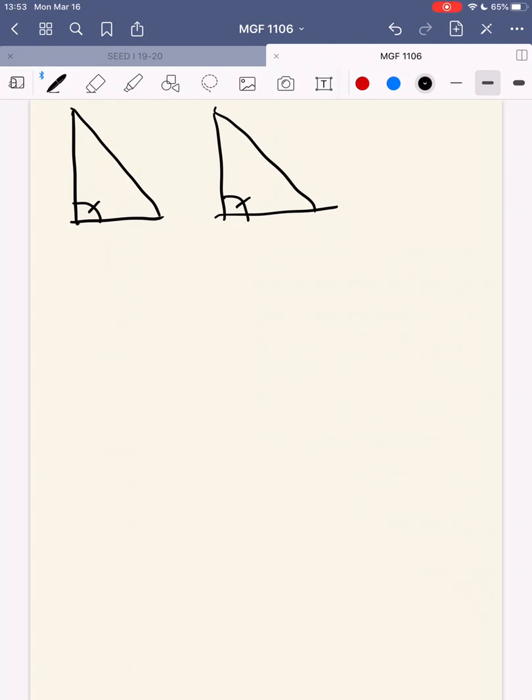It's not a box, it didn't draw a 90-degree angle. If they have matching marks in the same places, even if the triangles are different sizes, we know those angles are the same. And if those angles are the same, no matter what the lengths are, they're proportional.